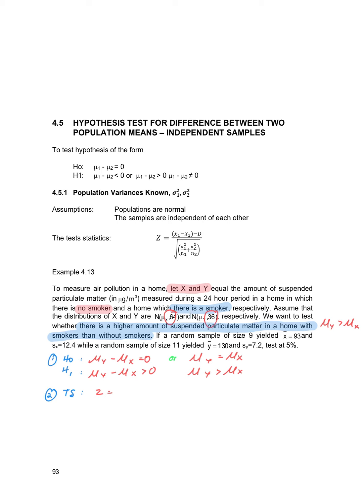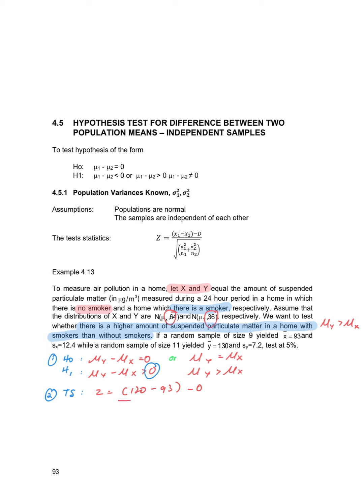Okay, so since saya buat Y tolak X, so meaning that we will write as Y tolak X lah. So Y bar tolak X bar, 130 minus 93, okay, minus 0, sebab kita tak define any value kat sini, that's why we put 0.